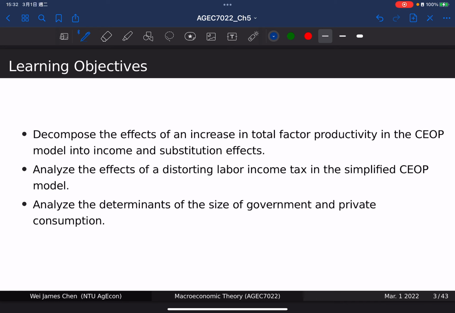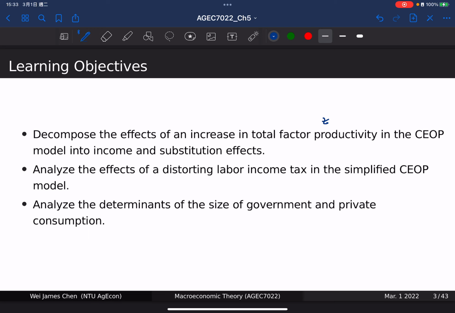We're also gonna decompose the effect of an increase in Z, the total factor productivity, in the CEOP model into income and substitution effects. Because when technology improves, we also have this so-called income and substitution effect. We'll see how it works.